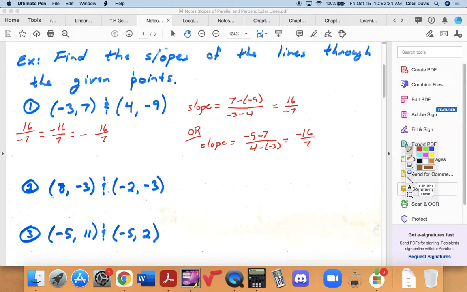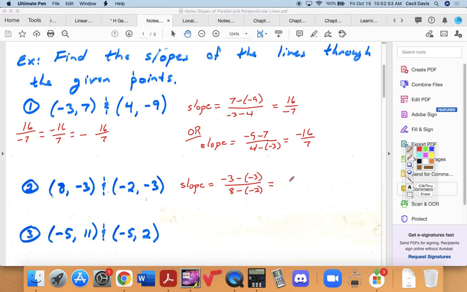All right. So let's find the slope for this next one. So the slope here would be negative 3 minus negative 3 over, I'm going to do it 8 minus negative 2.